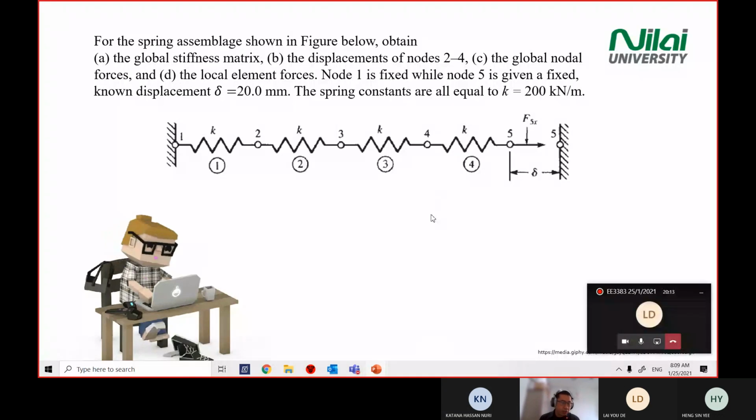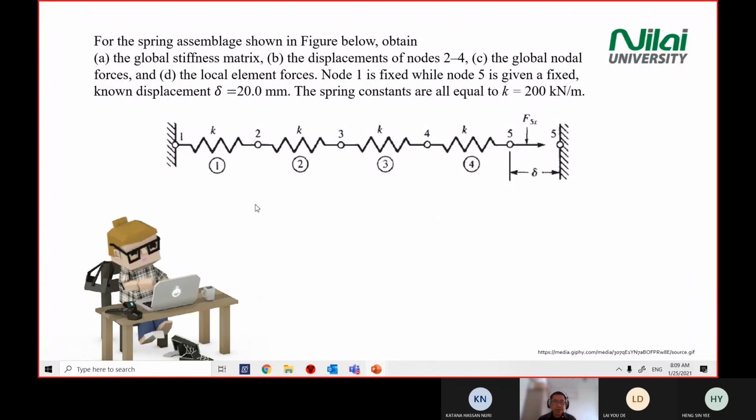Good. All right, we continue with our tutorial question number 11. We have a combination of homogeneous boundary condition and non-homogeneous condition at point number 5. The question asks us to find the global stiffness matrix.